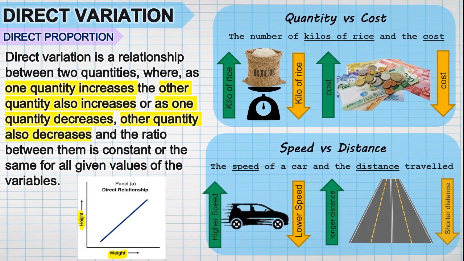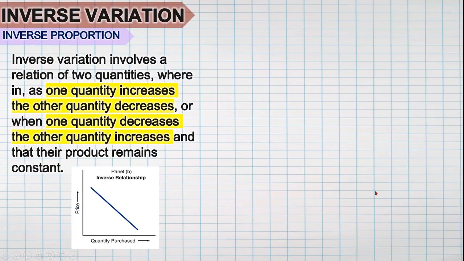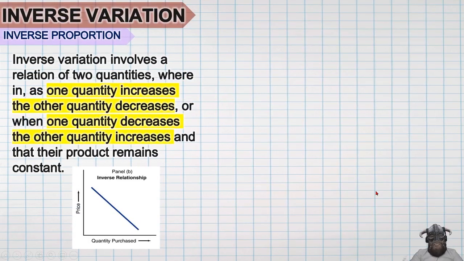This is another good example of a direct variation because as the speed increases, the distance increases as well. As the speed decreases, the distance also decreases. That's direct variation.